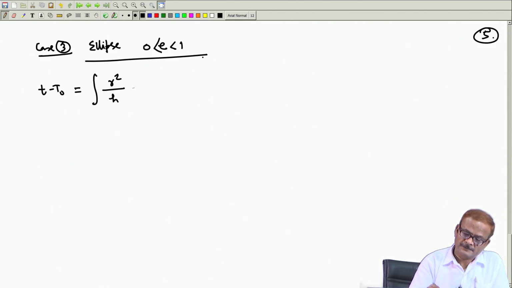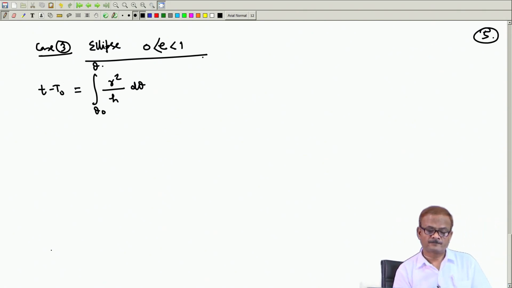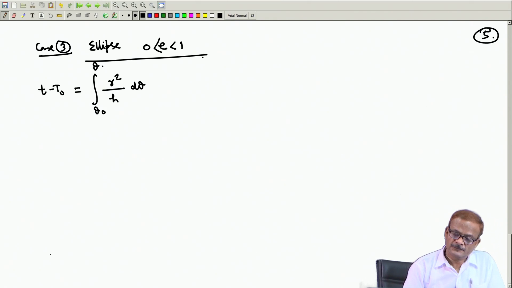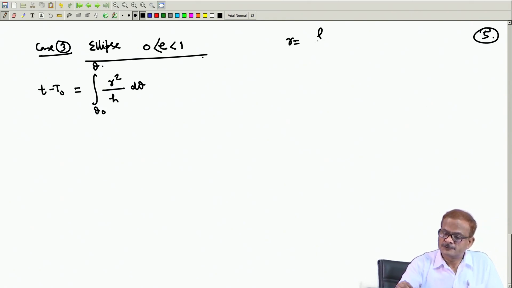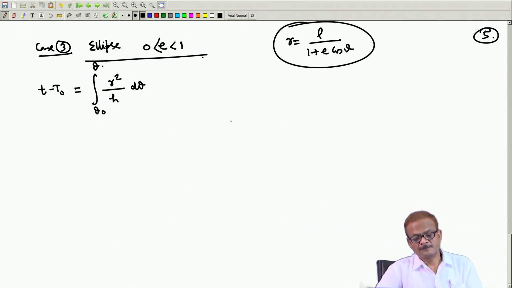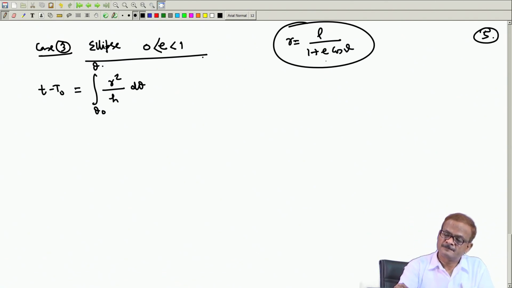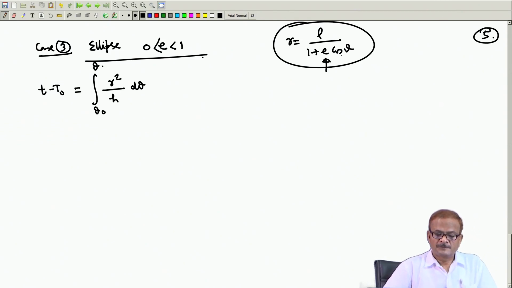Now, in this case the problem will be because of the presence of 1 plus e cos theta, r equal to L by 1 plus e cos theta. So, once you insert it here, because of the presence of this e, the integration gets complicated. Okay.